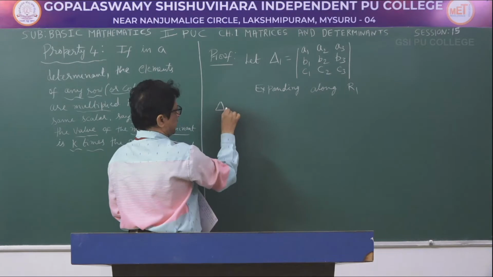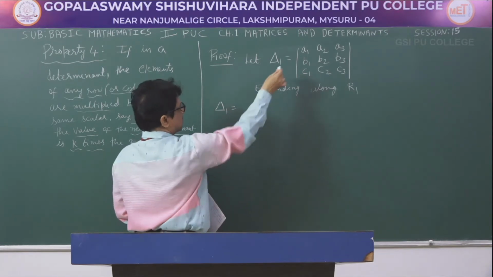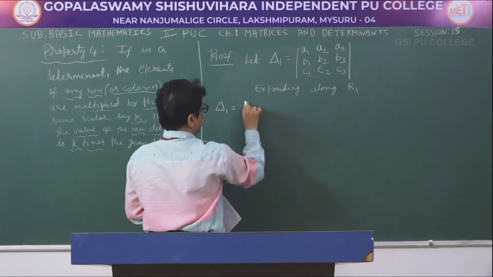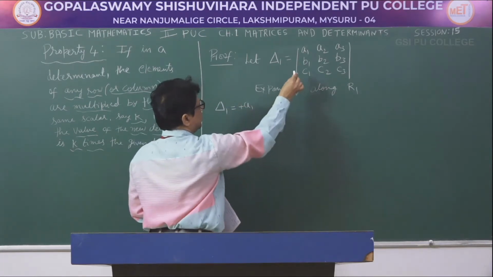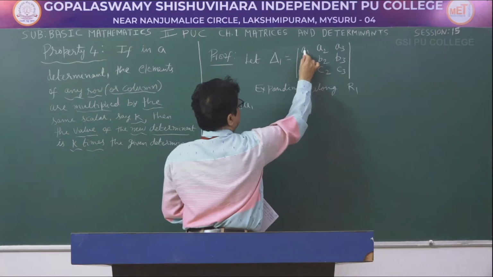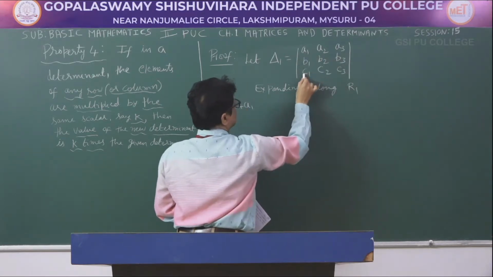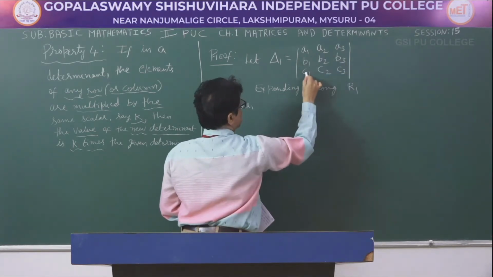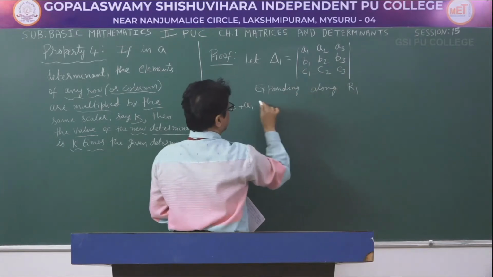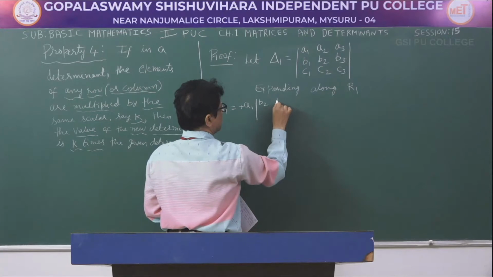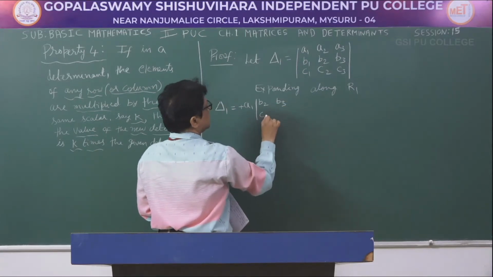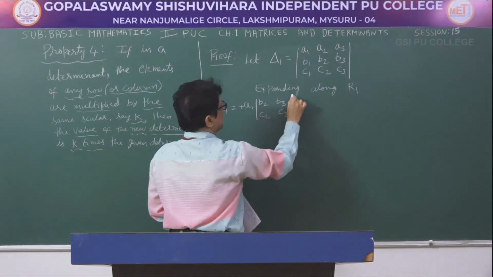So, delta 1 is equal to, the first element of R1 is a1, before that we put sign plus. So, a1 lies in the first row, first column. So, we eliminate the first row and first column and take the determinant of the remaining elements, that is determinant of b2, b3, c2, c3.